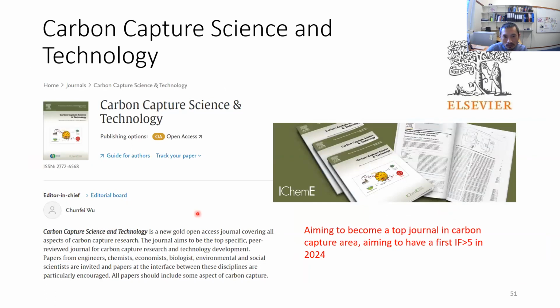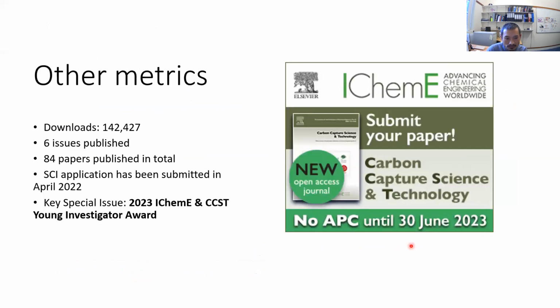Then I want to take 1 minute to introduce our journal. We developed the Carbon Capture Science and Technology journal, which is an IChemE journal, an open access journal published by Elsevier. The journal was launched in 2021, and our aim is to become a top journal in the carbon capture research area. We would like to see a first impact factor near 10 in 2024.